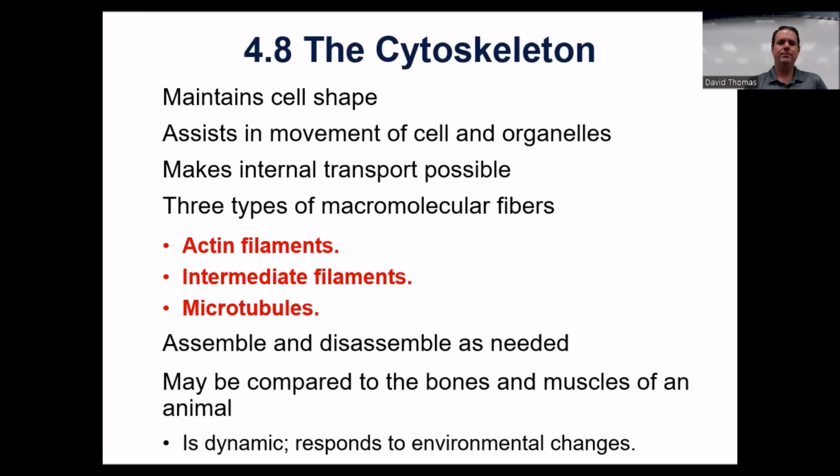There are three main types of fibers associated with the cytoskeleton, listed there for you: actin filaments, intermediate filaments, and microtubules. So we're going to go through each one of these.